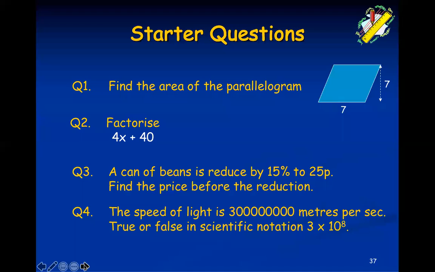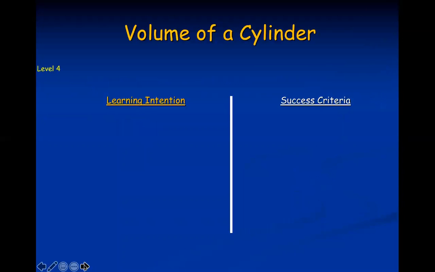Okay, so we're going to take a 5 minute break before we start volume of a cylinder. Because after the volume of cylinder, then we will go into the volume of the NAT5.